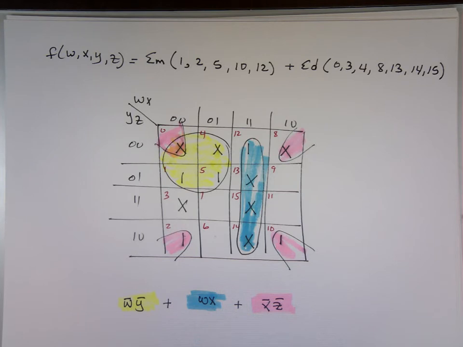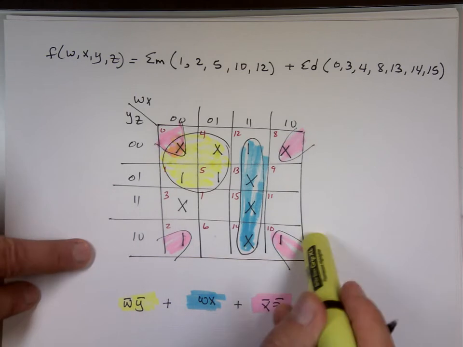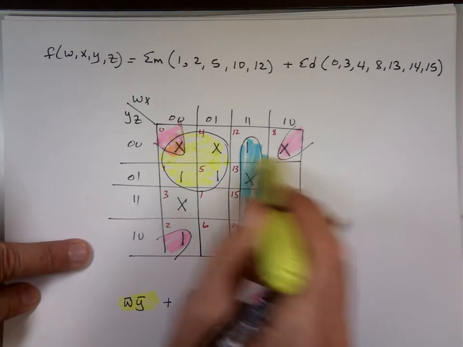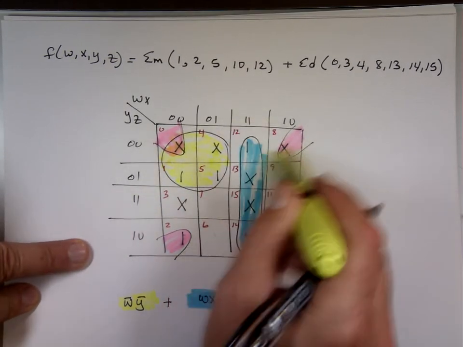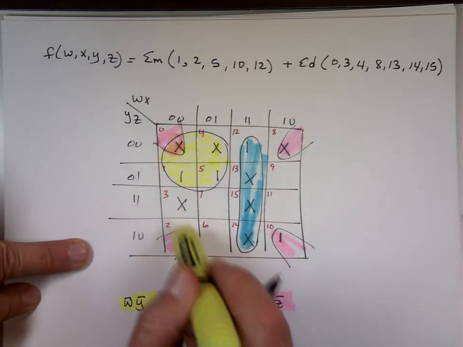Well, I'm looking, you could have taken these two with these two. See that? And then you take the middle four and then the left column. Yep.